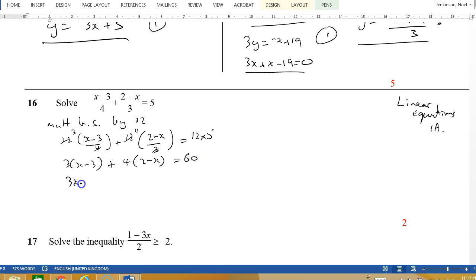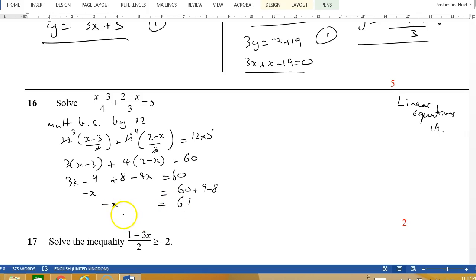So I get 3x take 9 and 8 minus 4x equals 60. 3x minus 4x is negative x equals 60 plus 9 minus 8.